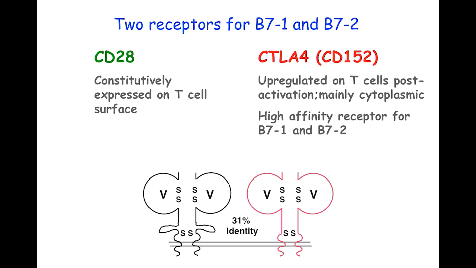It primarily is in the cytoplasm of cells, but upon the activation of these cells, it gets shuttled to the surface. CD28 and CTLA-4 have about 30% amino acid identity, and they have a locus, a component of their extracellular domain referred to as the MYPPPY, or the MyPuppy domain, which is what binds the B7 molecules. And CTLA-4 binds B7-1 and B7-2 at higher affinity than does CD28.